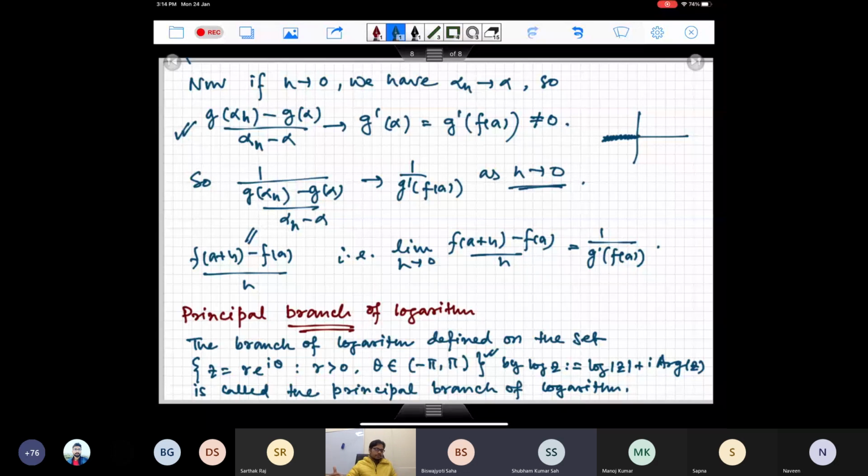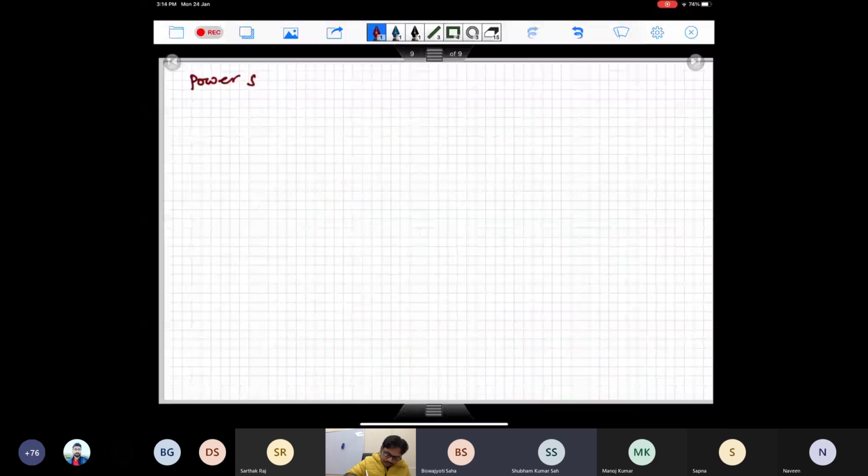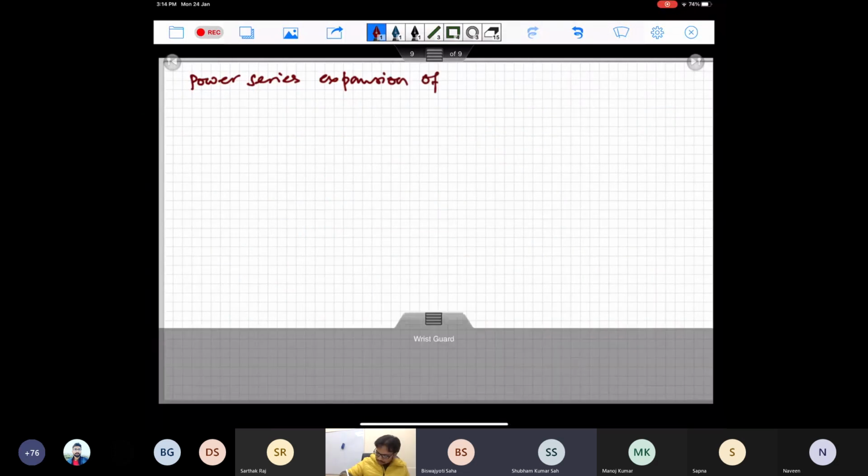So before going to a general theory of writing holomorphic functions as power series, let us try to see if I can write down the power series expansion of the logarithm itself. Okay, so we are going to try to do that. Fine, so how do I do this? Let me write down the power series expansion of logarithm.